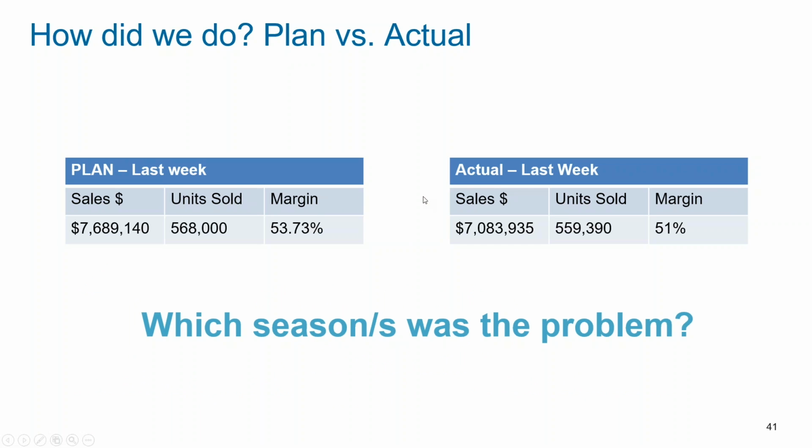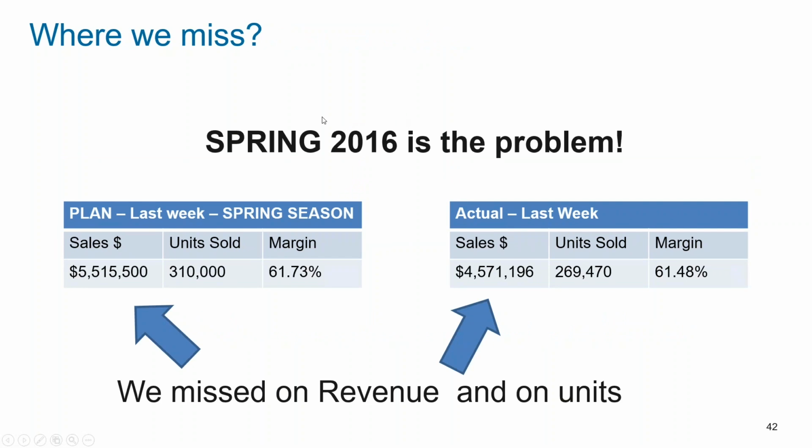Now, the next simplistic thing you will do is ask which season was the problem, or which seasons were the problem. What we found out here is that the spring season 2016 is the problem.